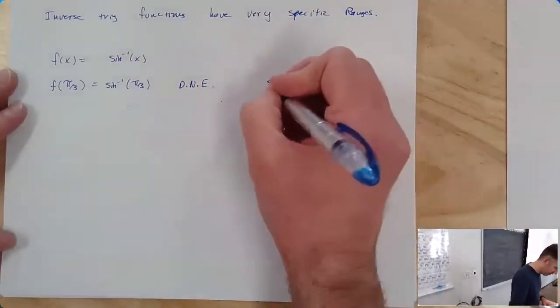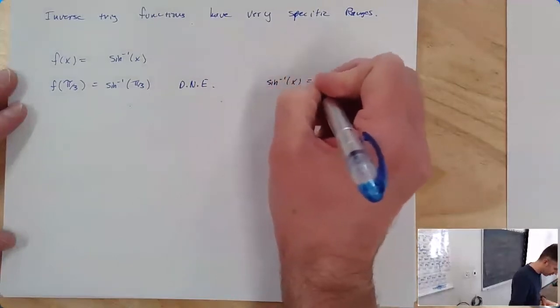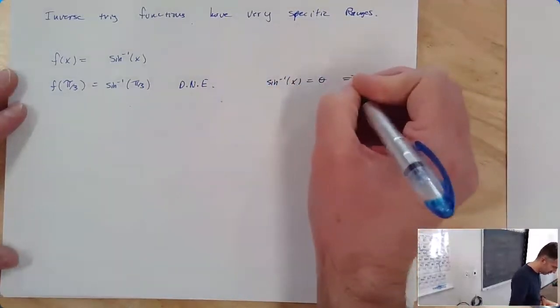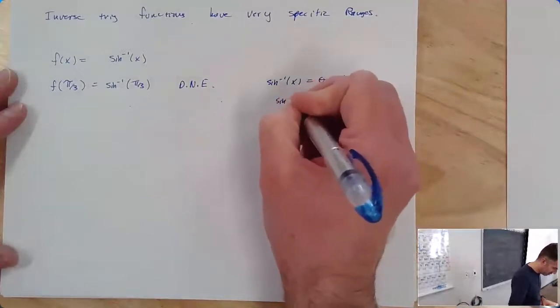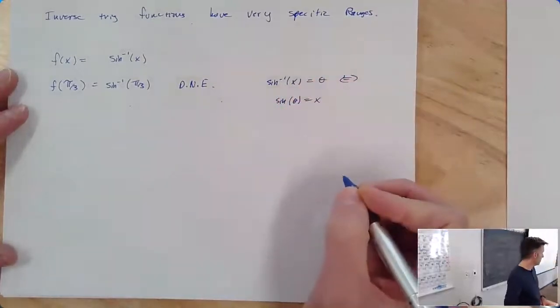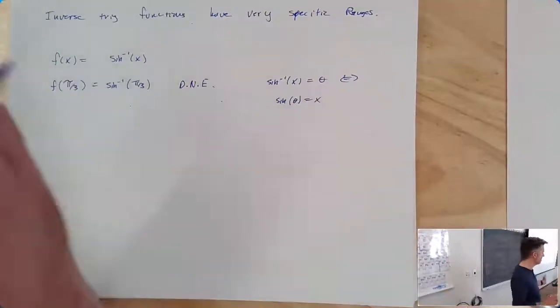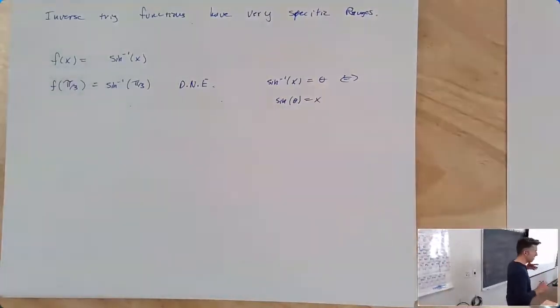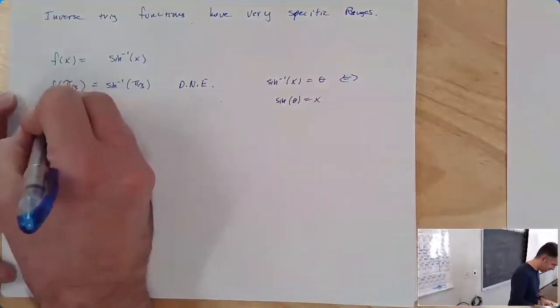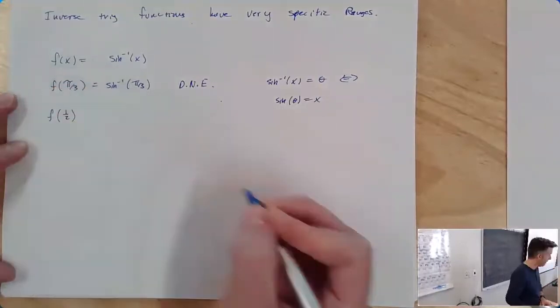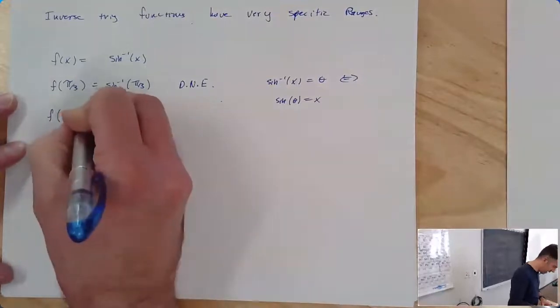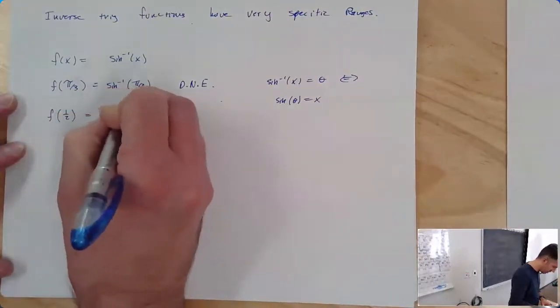If you're trying to find inverse sine of x equal to theta, that's the same as saying sine of theta is equal to x. But sine is always between -1 and 1, so we can't get inverse sine equal to pi over 3. Also, it's a weird number to think of, right? What I really meant to say here was, let's find f of 1/2, because then I want to find the inverse sine of 1/2.